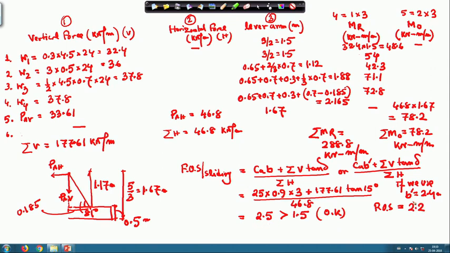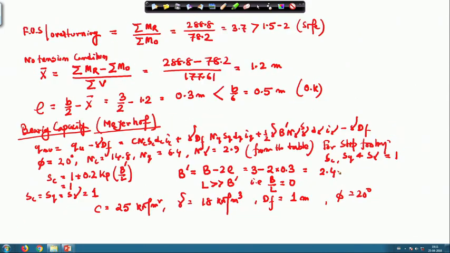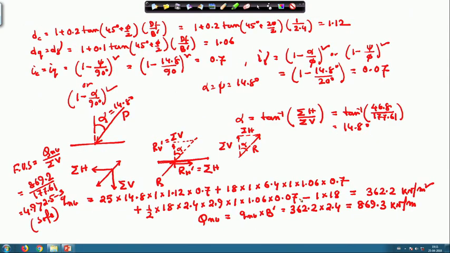So, I will recommend you use B dash instead of B, and then again it is greater than 1.5. So, it is okay. So, this is the total design that I have done. First the sliding check, then the overturning, no tension condition and the bearing capacity check that I have done for this particular problem.